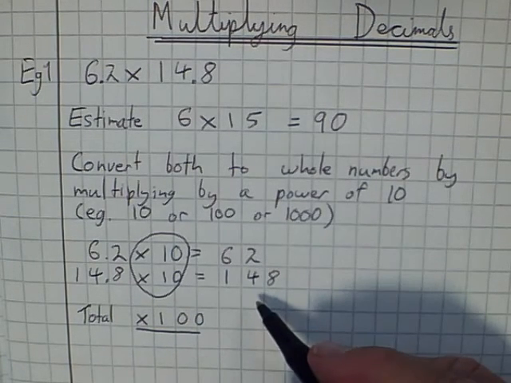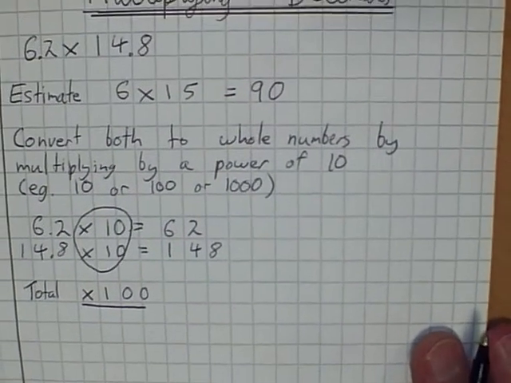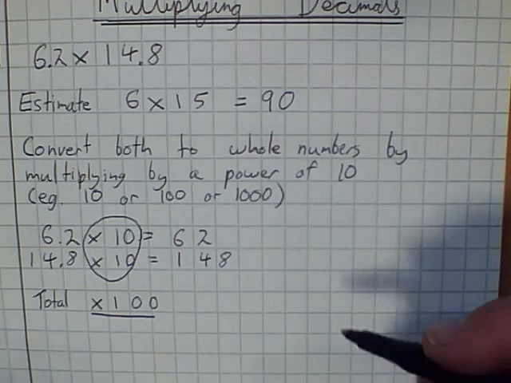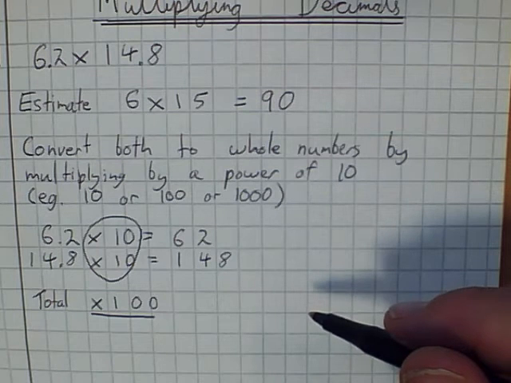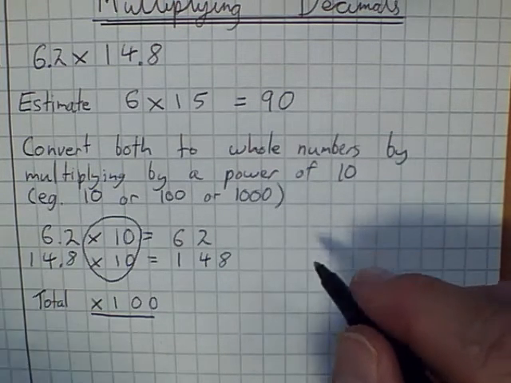So 62 times 148. Here you can use any method that you know for multiplying 2 and 3 digit numbers together. I'm going to use the grid method. You could use the column method if you're comfortable with that, but I'll use the grid method this time.